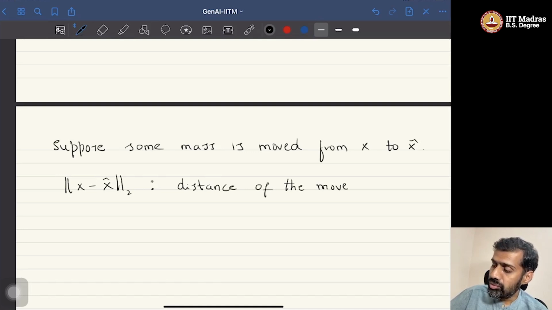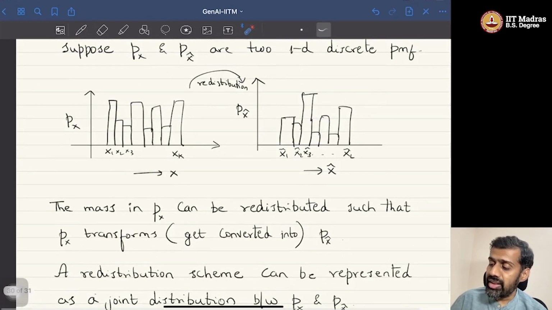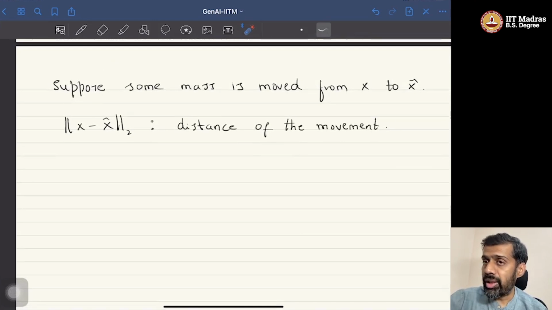Say you take x1 and move it to x5. Then x1 minus x5 will give you how far the mass has been moved.